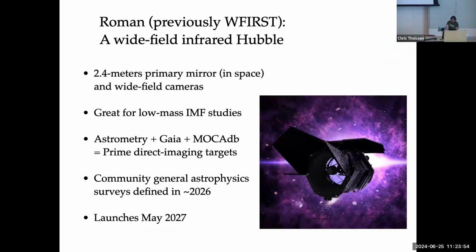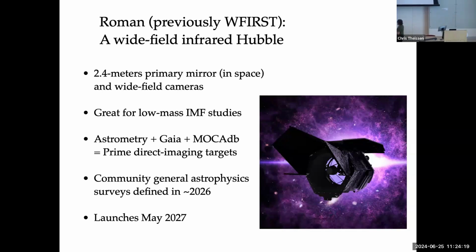Then there will be the Roman mission, which will not necessarily be all sky, but is more like a pick-your-own-project style. This will make it possible to combine with the Gaia astrometry of potential new exoplanets and directly image them. There are going to be many more uses to this.